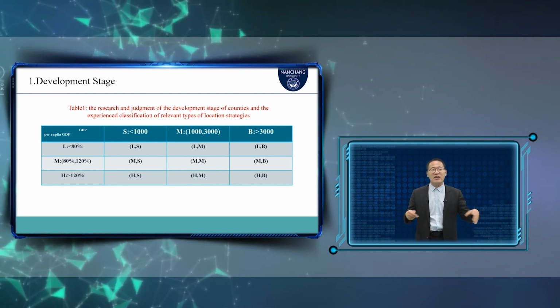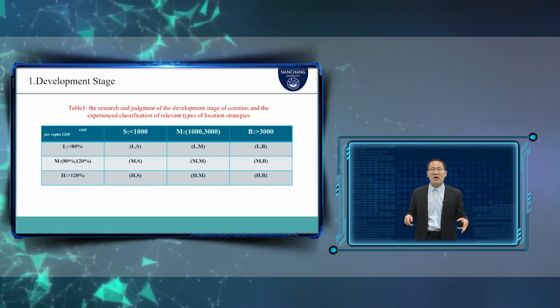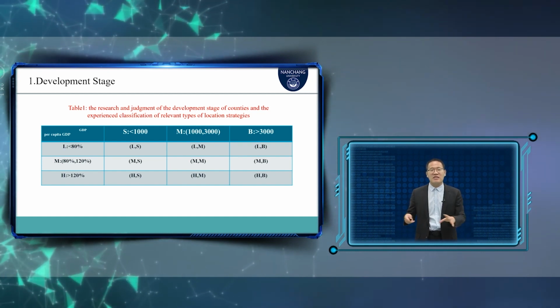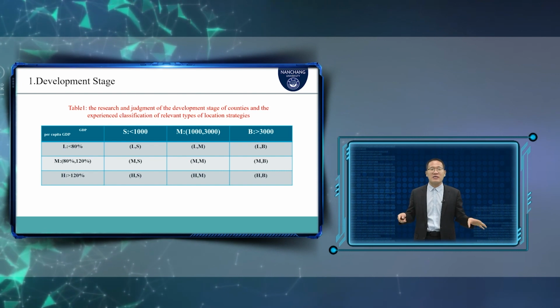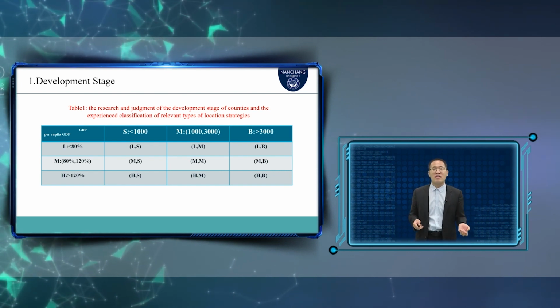However, in this analysis, the above 9 different types of development stage characteristics are sufficient to clarify the differences in the development strategies of different counties.